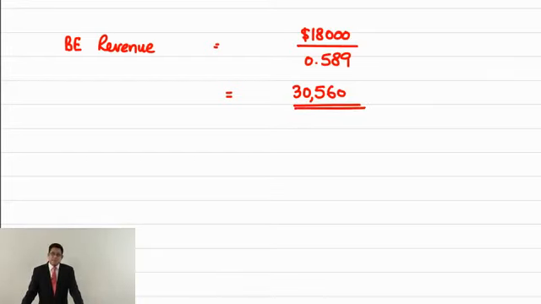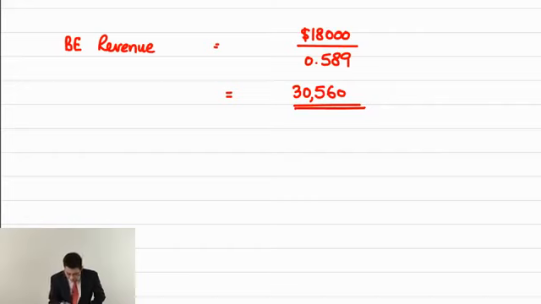$30,560. Okay, job done. Now we are looking at the second part of requirement B, which is margin of safety.